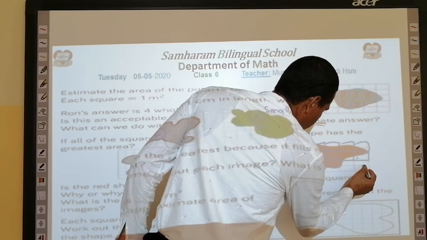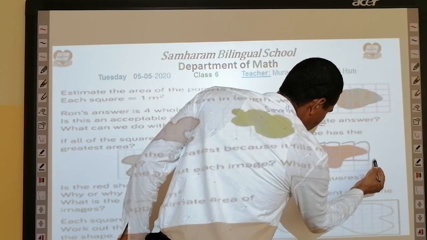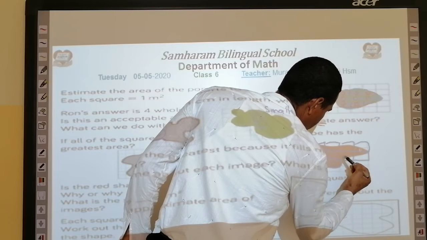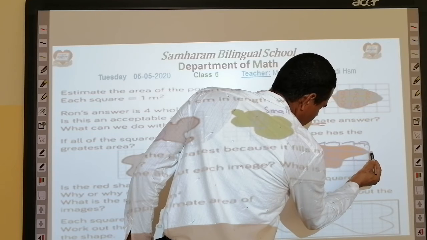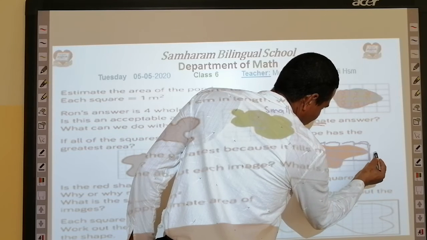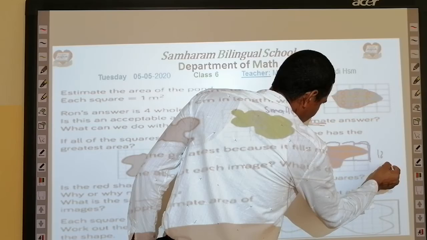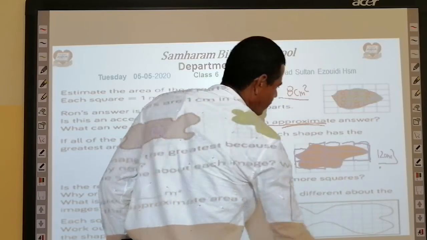okay, let's set this, y square. So this one, approximately is half, I will consider it also, so this is 12 centimeters squared.